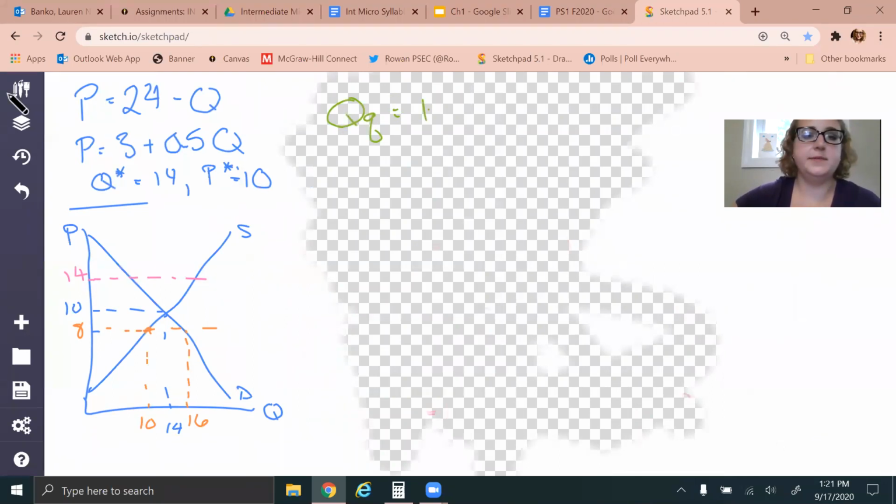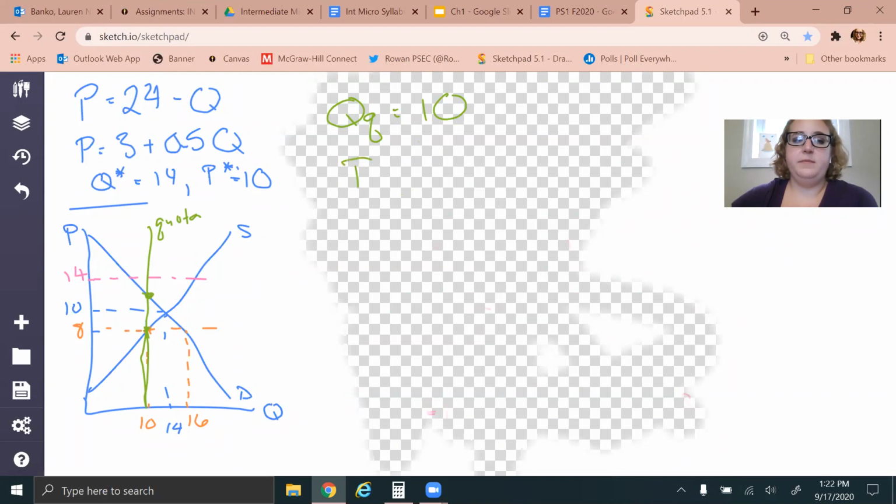Let's say 10 units. So now we're not going above this 10. And what we're going to want to do again is see where this quantity hits the demand curve, how much buyers are going to pay for 10 units.